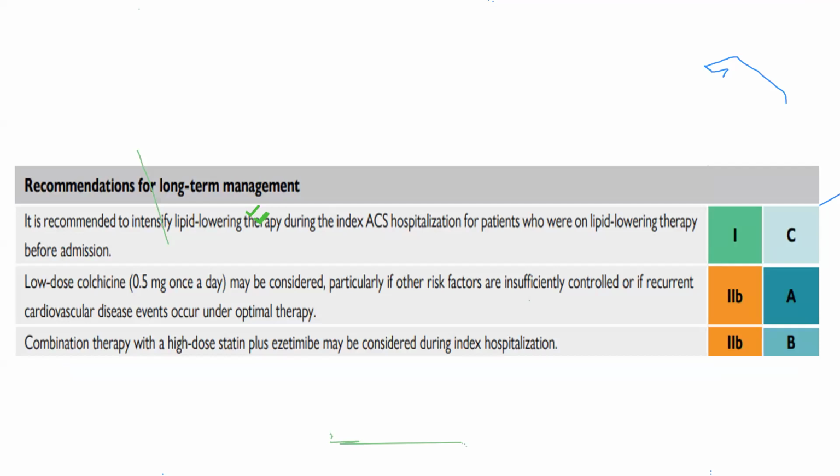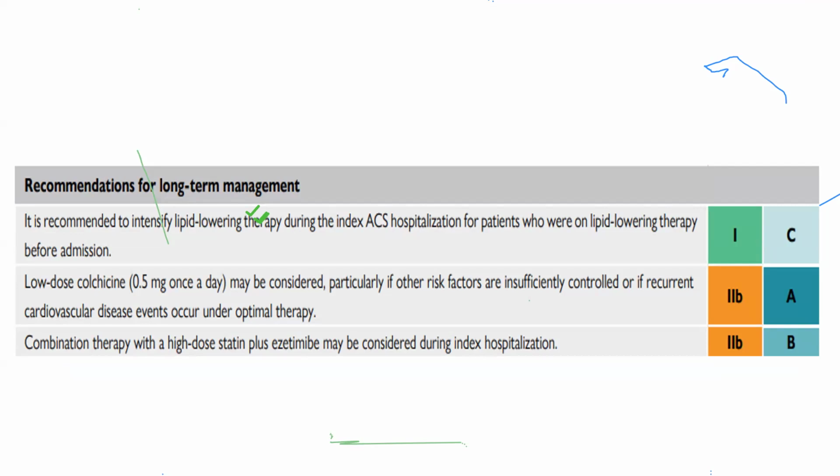Now, for long-term management, high-intensity lipid-lowering therapy from the index ACS hospitalization is recommended. That's class 1. And low-dose colchicine may be considered, particularly if other risk factors are insufficiently controlled or if recurrent cardiovascular disease events occur under optimal therapy. That's a 2B.